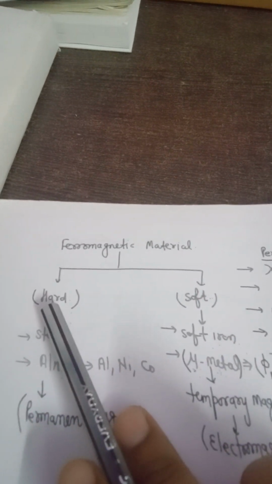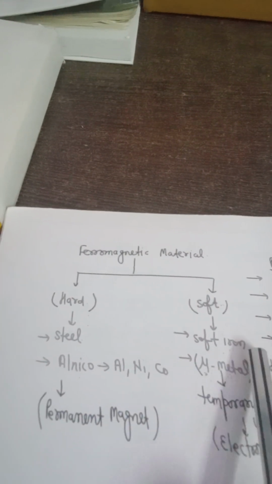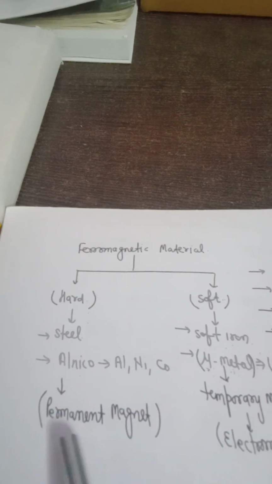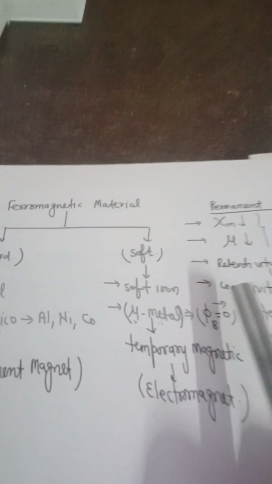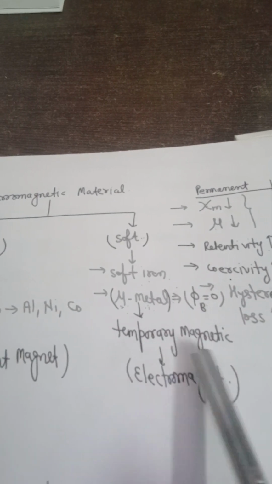Now this is ferromagnetic material. It can be hard or soft: steel and soft iron. Alnico, AlNiCo, is a permanent magnet. Here is mu metal, where the loop area is nearly 0, used as a temporary magnet and electromagnet.